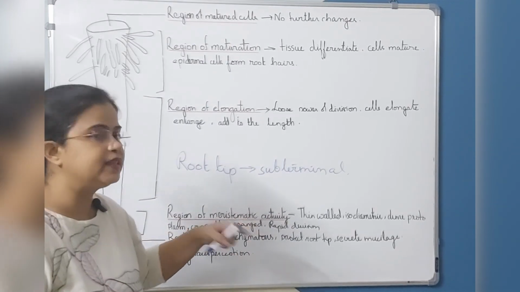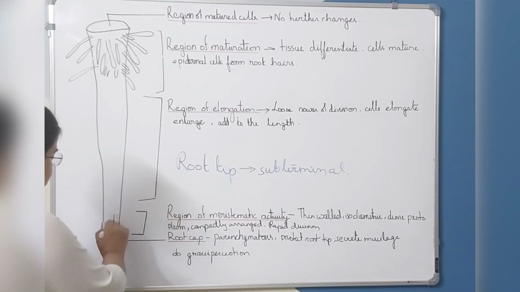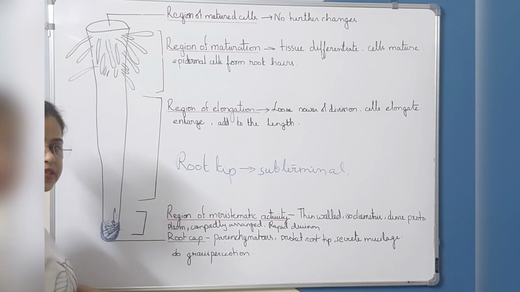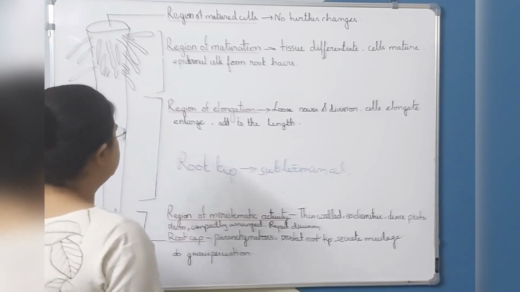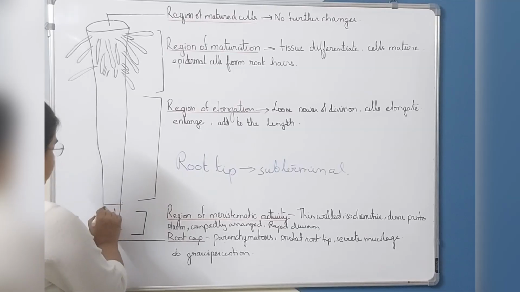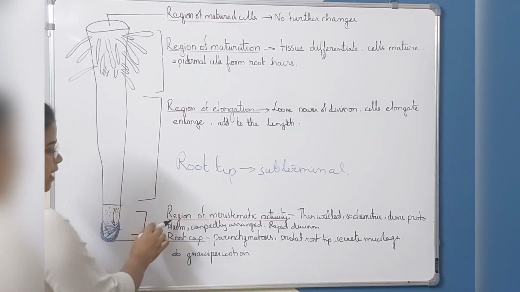They undergo rapid division, or they also help in replacing the damaged cells of the root cap. Clear? उसके बाद say for example यहां तक हो गया the region of meristematic activity.